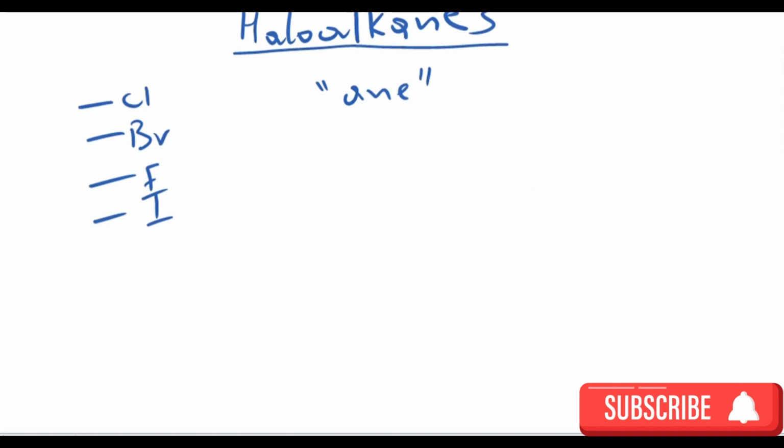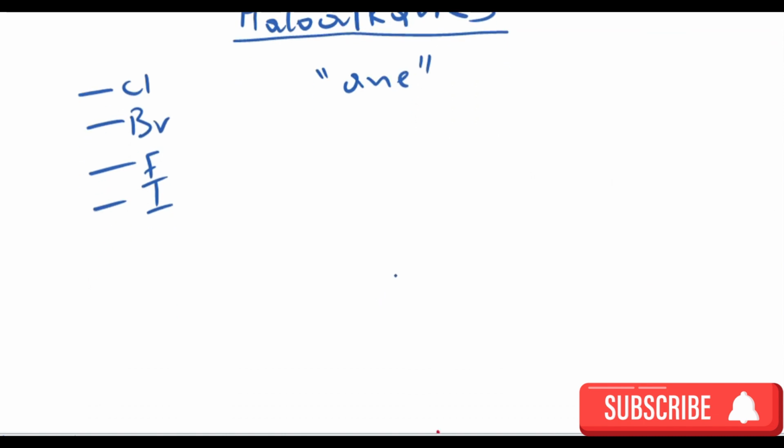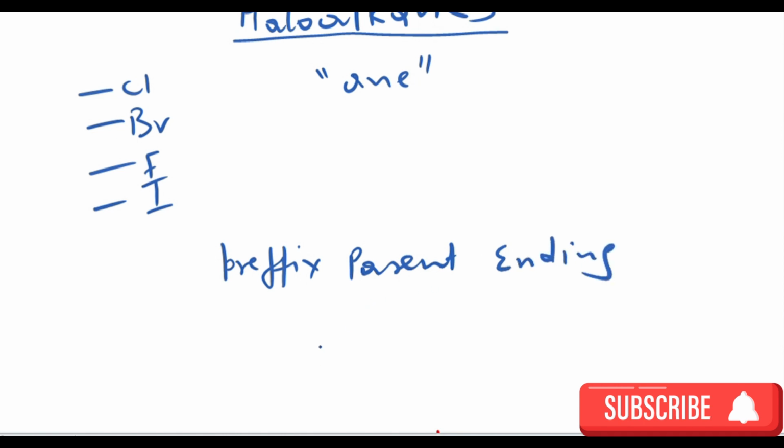Another thing you need to know is that an IUPAC name has 3 parts. We have the prefix, then the parent, then the suffix, which is the ending. The prefix is a substituent with a position.